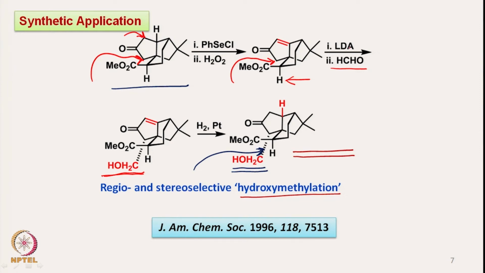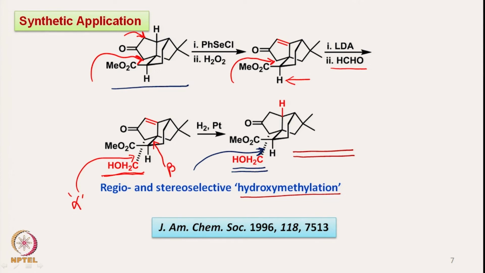Therefore, deprotonation will occur preferentially at this carbon atom, and then one introduces the CH2OH group, and since this entire six-membered ring here is beta oriented, the CH2OH group is introduced alpha.